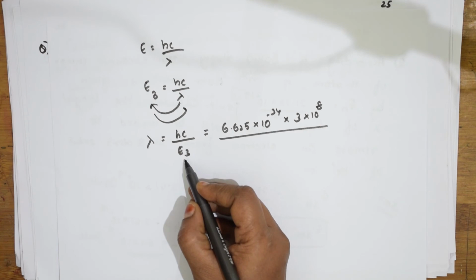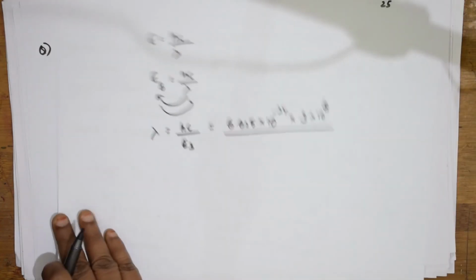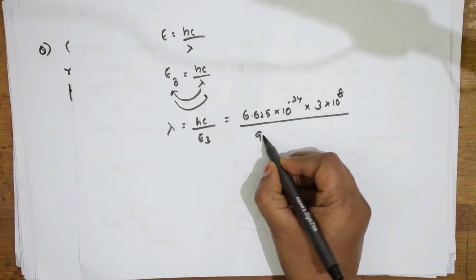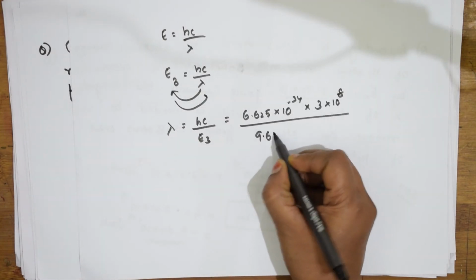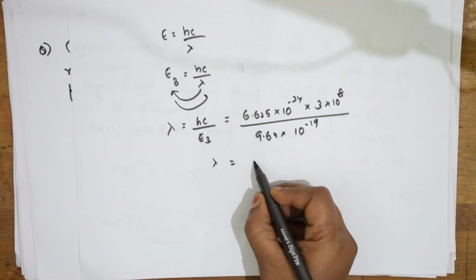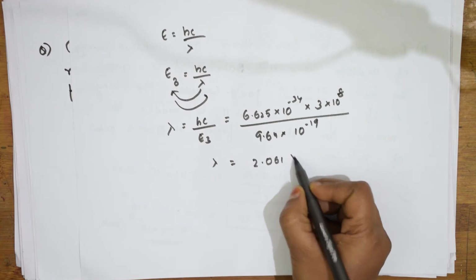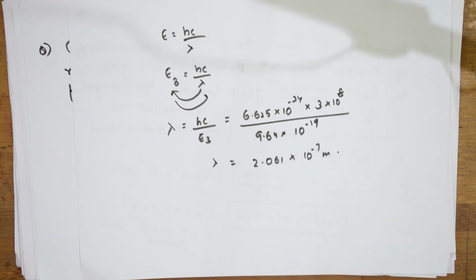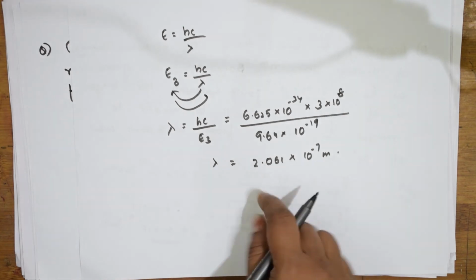Now E3 value, how much did I get earlier? I got almost 9.64. Okay, let us write that. It is 9.64 into 10 raised power of minus 19. When I solve this, I get an answer of 2.061 into 10 raised power of minus 7 meters. Okay, done. Now I can also write the same further.